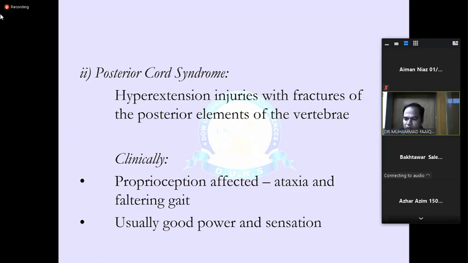But yes, obviously 2-point discrimination, that is fine touch, will be affected, position will be affected, vibration will be affected, because these three things, 2-point discrimination, position and vibration, are the function of the posterior column.